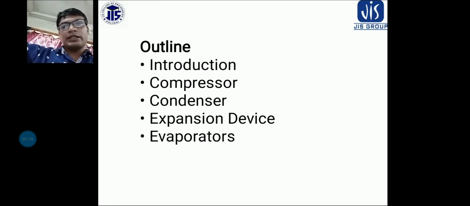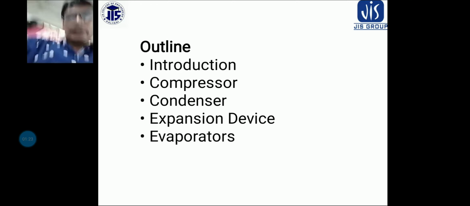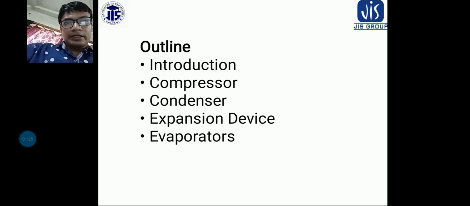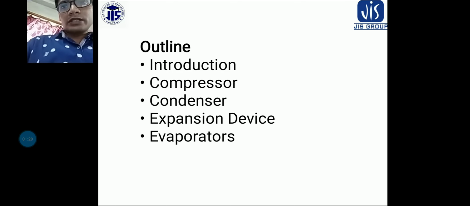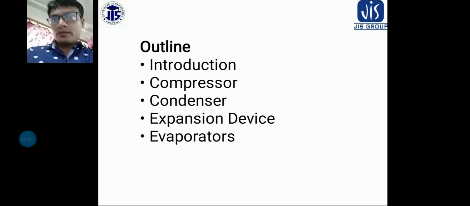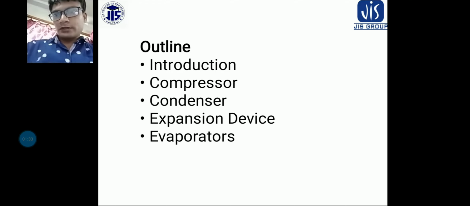The outline here you can see: introduction, compressor, condenser, expansion valve and evaporators. These will be discussed in this module. You know that in the vapor compression system we use a compressor, condenser and evaporator.